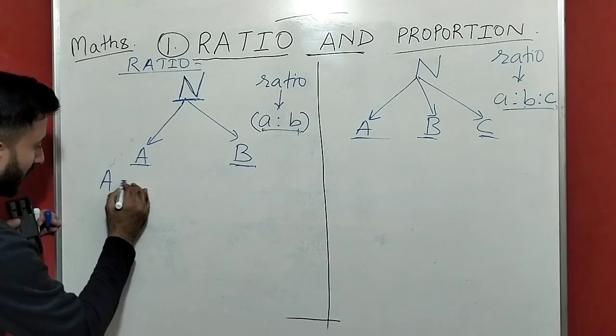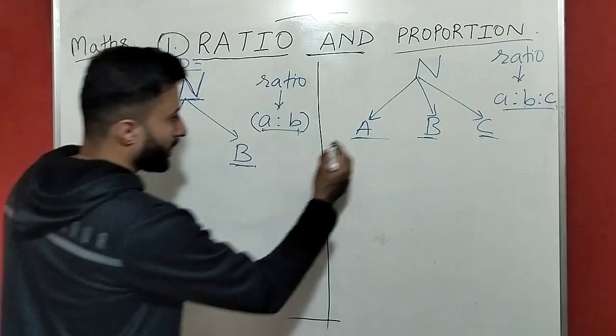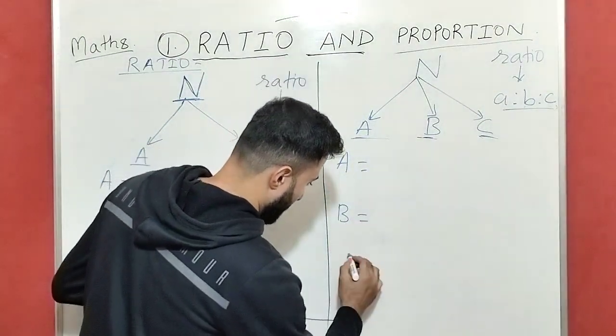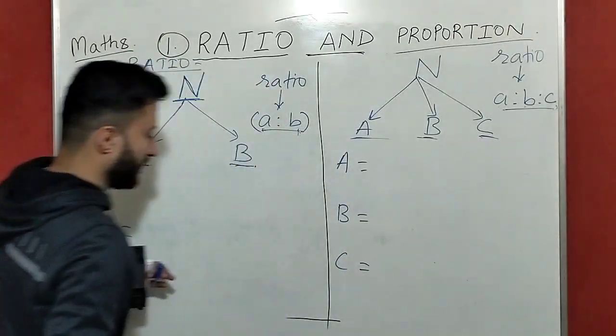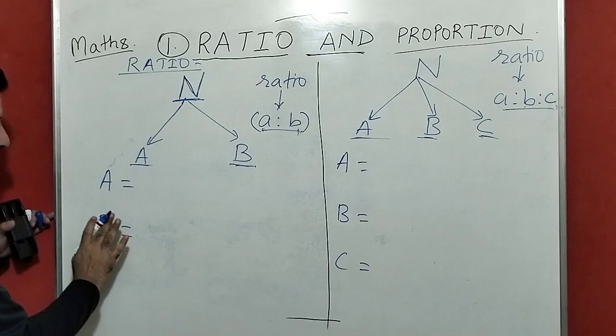2 parts means part A, part B. Here also, 3 parts means part A, part B, part C. See how to write the formula. All the formula is the same till here.